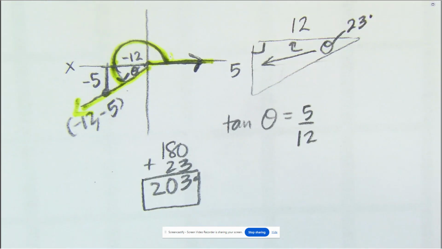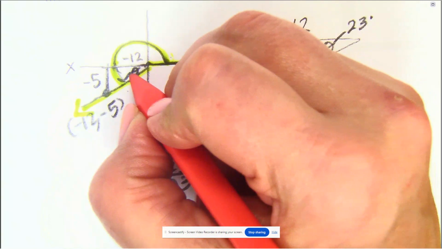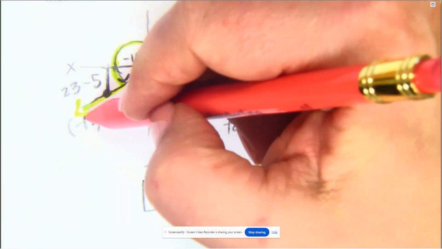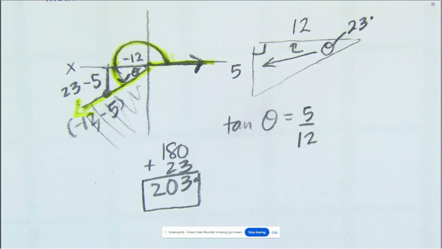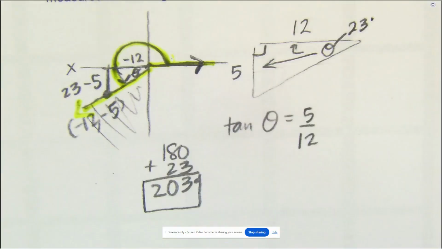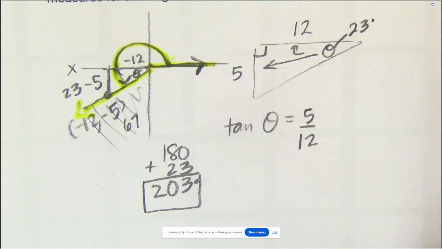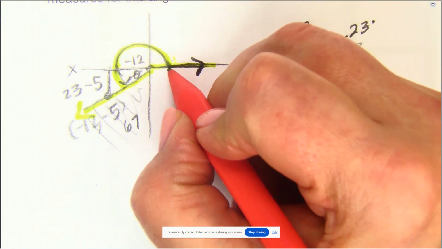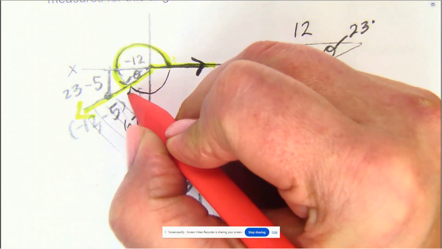That's one possible answer. Or if this is 23 here, then what's this chunk right here? Well, that would be 90 minus 23. This makes 67. So if I wanted to figure out the negative angle, which you don't have to, it would be negative 90 plus 67 more.